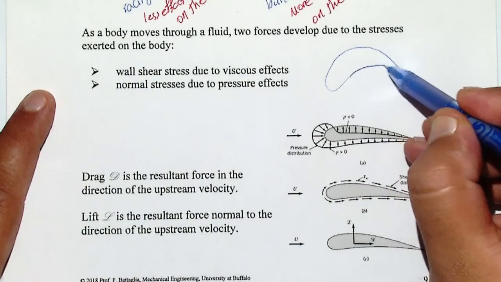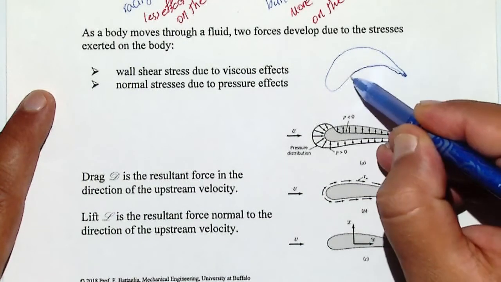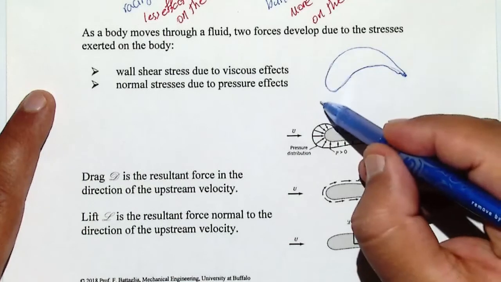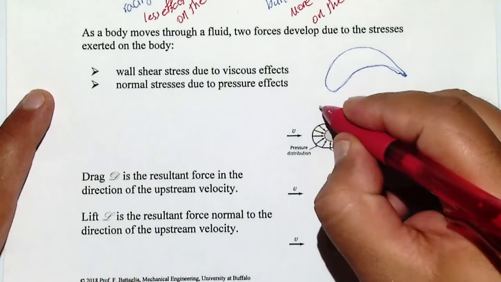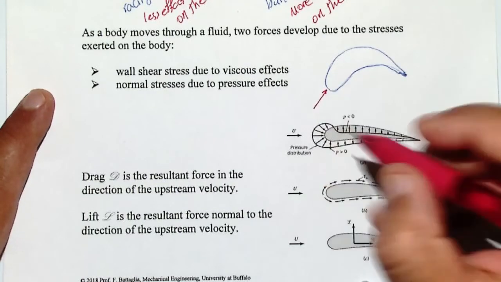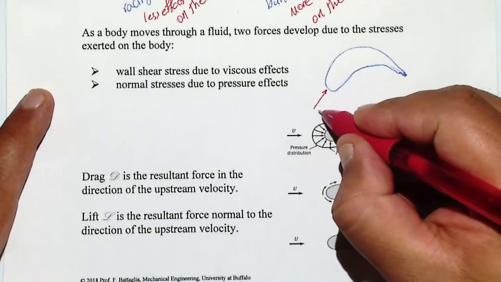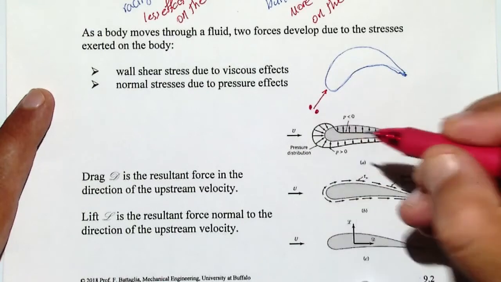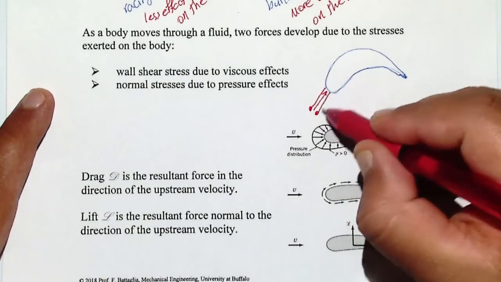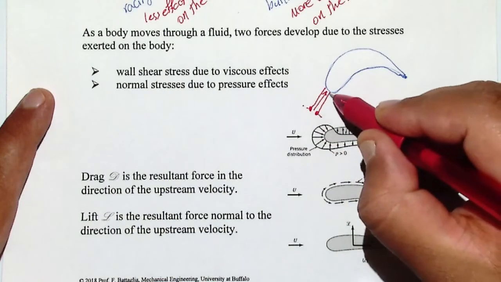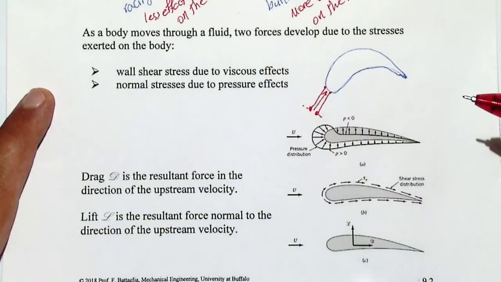Then you see that you have a curvature here on top. So let's assume that the flow comes in this direction, okay? And you think that you have two elements here, 1 and 2, that start at the same point and reach the body at the same time.